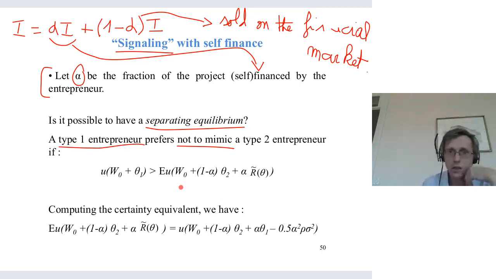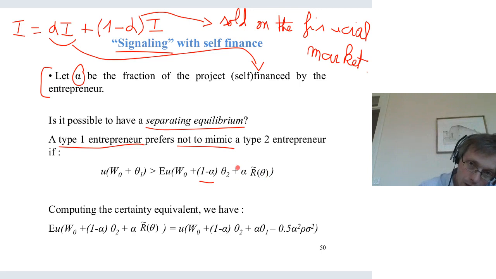If they sell only part of the project, for this part, the financial market is going to take them for a type 2 entrepreneur. So the financial market is going to pay theta 2, not theta 1, because in that case, a type 1 entrepreneur imitates a type 2 entrepreneur.